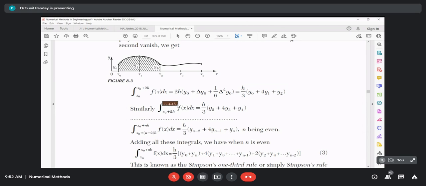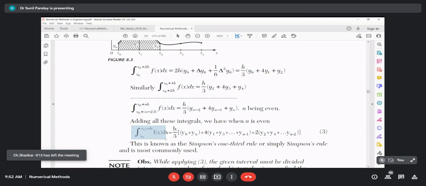So my initial point is transformed from x0 to x2, so y0 is replaced by y2, and similarly the other terms. In general, for the nth subinterval I have this. Now I add I1, I2 and In to get my final value.